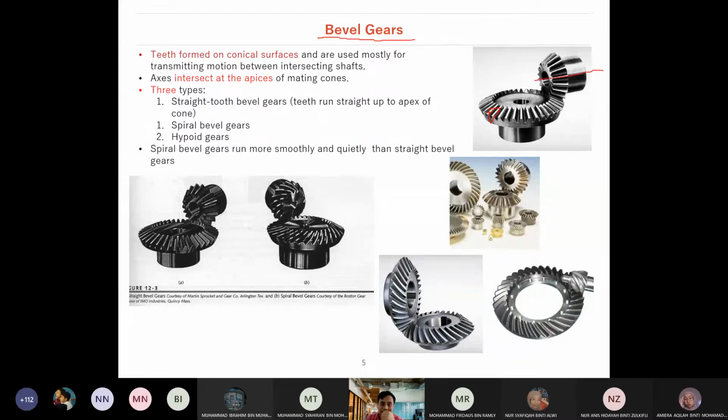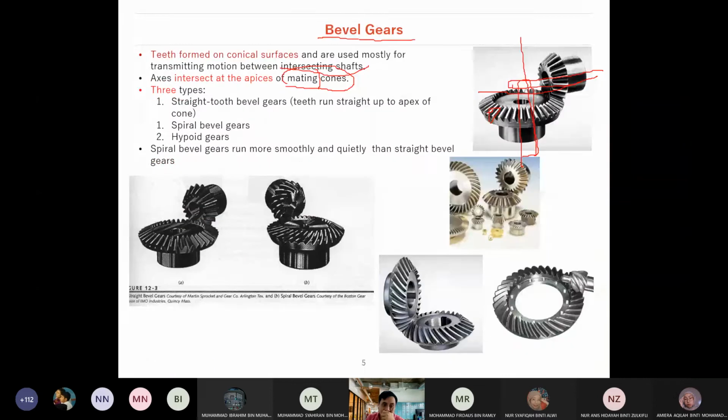Usually, let's say this is a shaft, the axes of the shafts will intersect each other. That's why we call it the intersecting shaft. So the teeth, we call them mating cones. So you meet the word mating again. There's one more, what was it? I forgot.